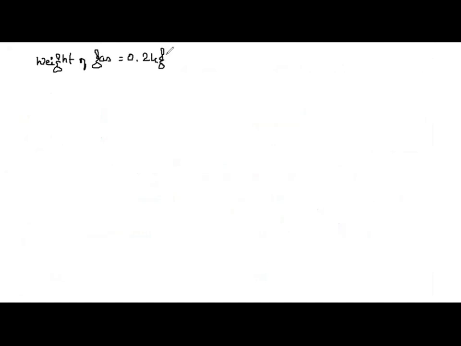So 0.24 grams of volatile gas upon vaporization gives 45 ml vapor. So upon vaporization, what is the volume of gas? Because it is ml they have said, no. So volume of gas is 45 ml, at normal temperature and pressure.